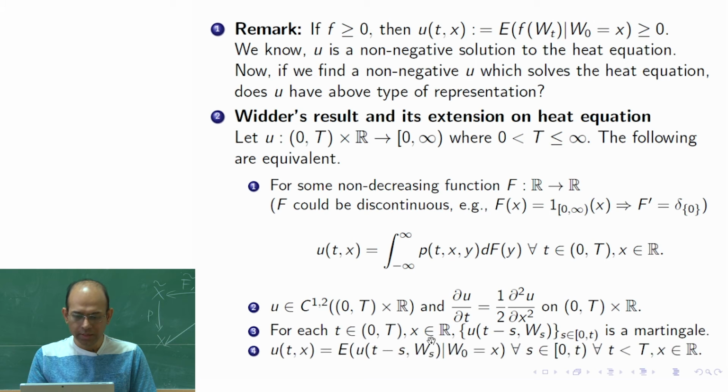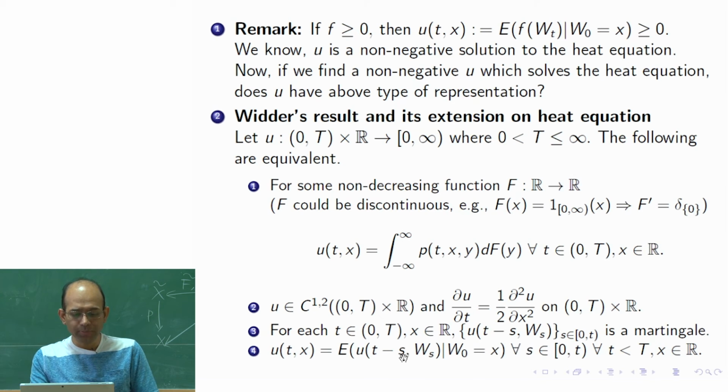There is another fourth statement, that u(t, x) is equal to the expectation of u(t minus s, ws). So the left hand side does not depend on s, the right hand side depends on s, so this is true for all s.